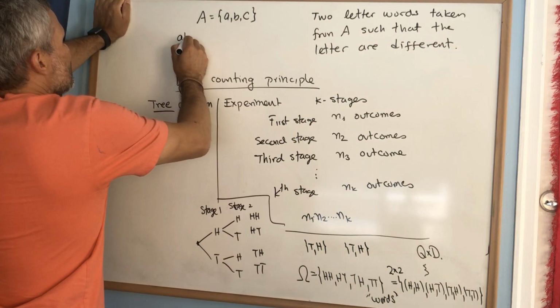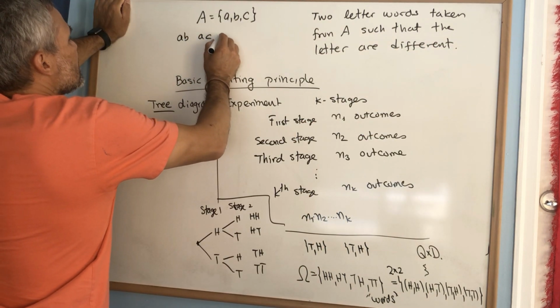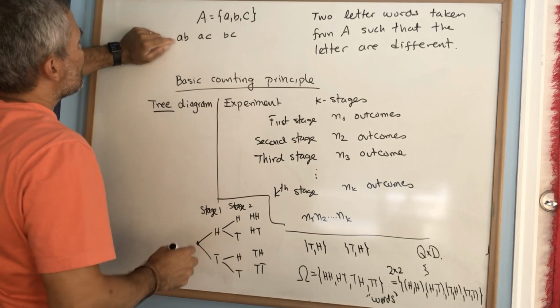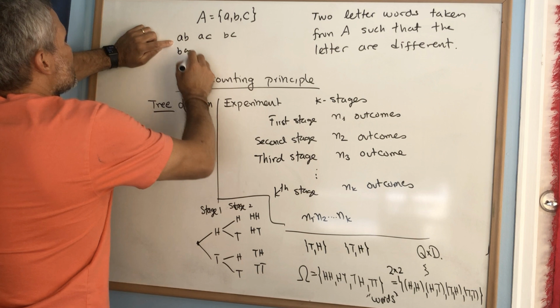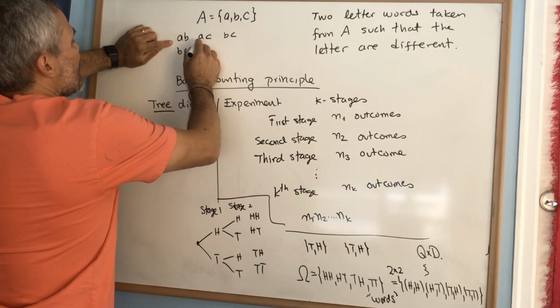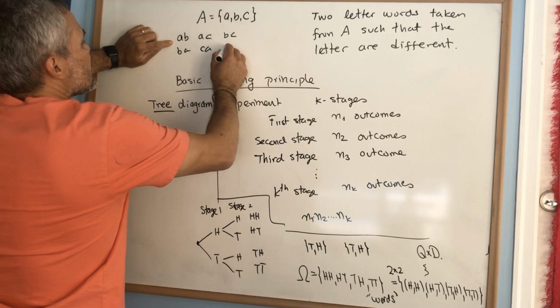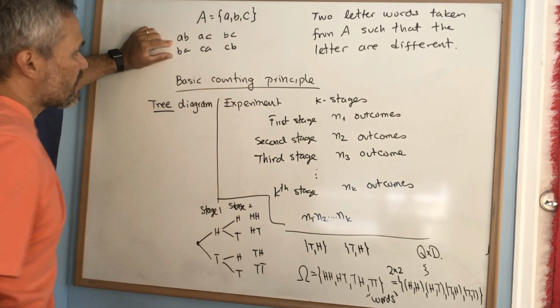Some examples are AB or AC or BC, but notice that the words AB and BA are different, AC and CA are different, and BC and CB are different.